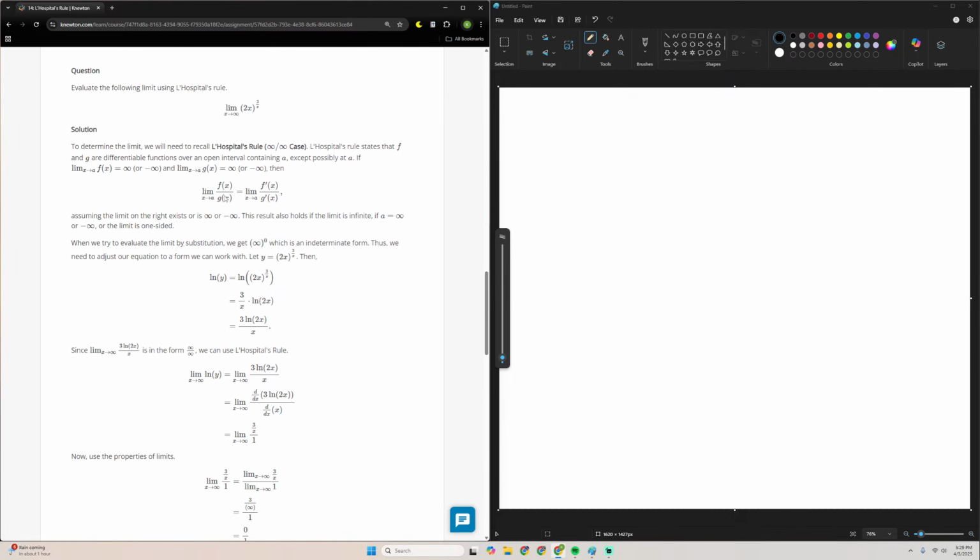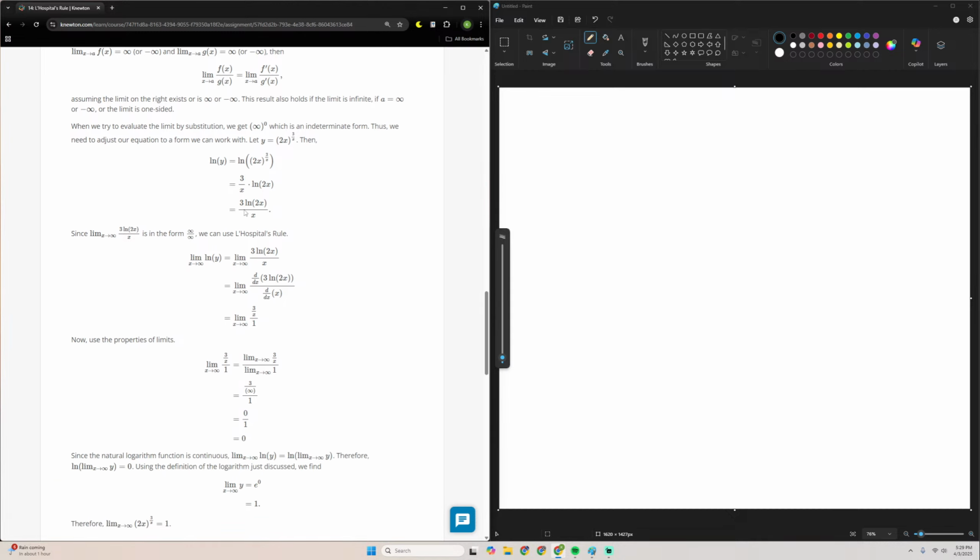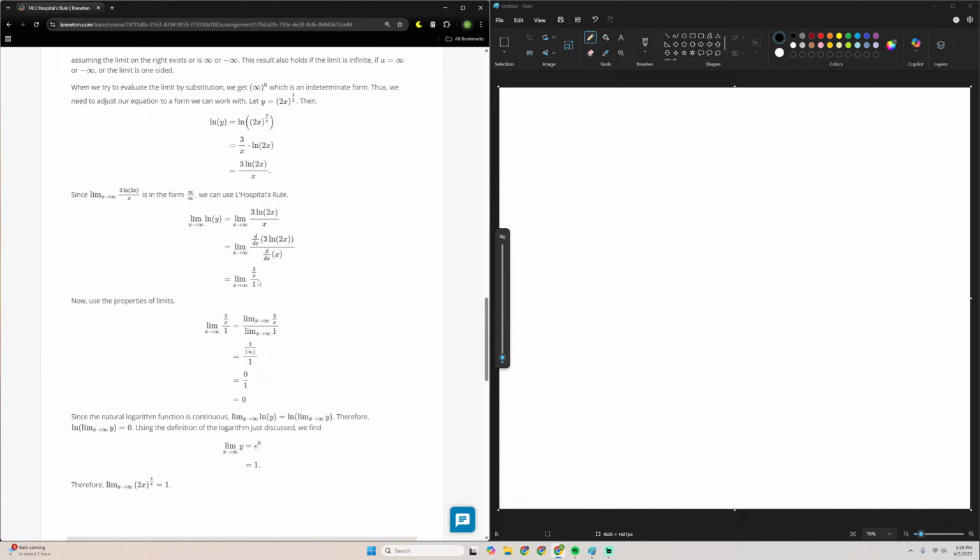Okay, I sort of understand this. Let's look at this one more time. Put it down. Natural log 3. And then L'Hopital's rule: 1 times 3 over x. That's the log. Oh yeah, because it's going to be 2 over 2x times 3, which just makes it 3 over x divided by 1 because that's the derivative of x.